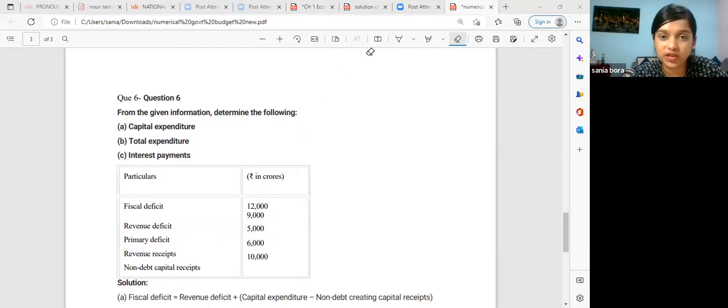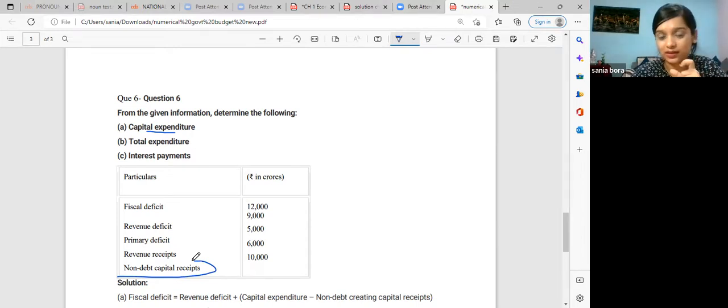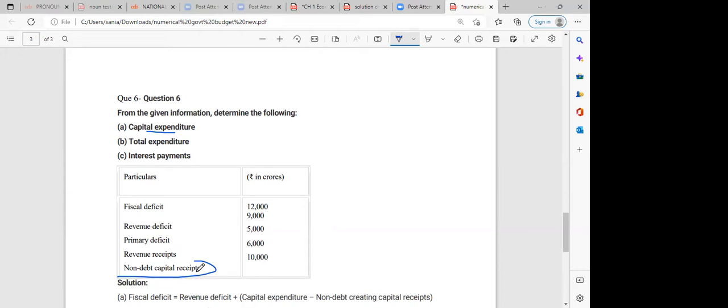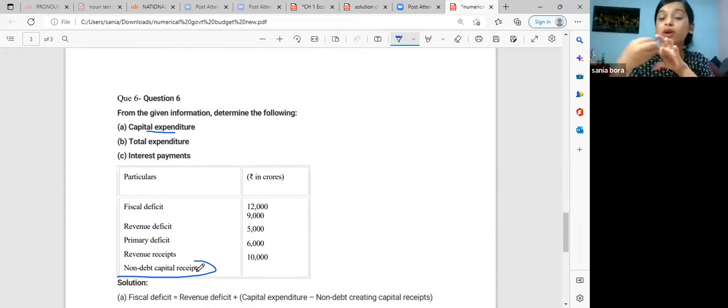Okay, one thing I need to mention over here is that first you have to find the capital expenditure. That means you are going to use the fiscal deficit formula, which is revenue deficit plus capital expenditure. But over here, can you see this, non-debt capital receipt? I told you earlier as well, you have to deduct it from capital expenditure. Capital receipt includes all the things, but because we don't include borrowing, you have to remove every extra item related to the capital receipt.